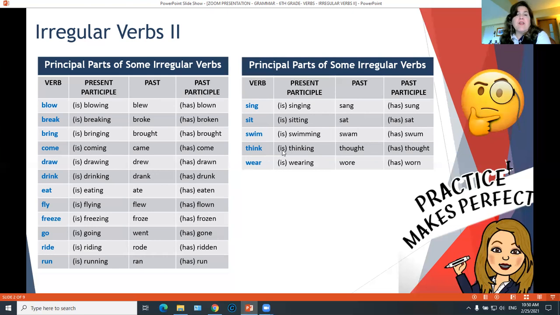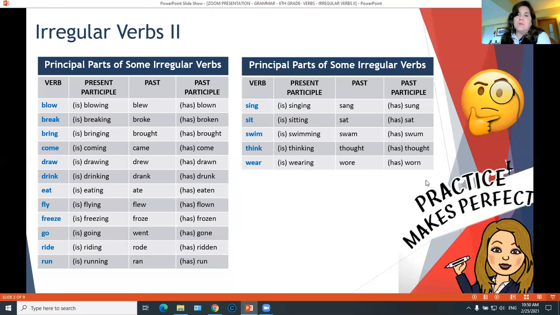Think is thinking for the present participle, thought for the past, and has thought for the past participle. And we have the verb wear: is wearing for the present participle, wore for the past, and has worn for the past participle.